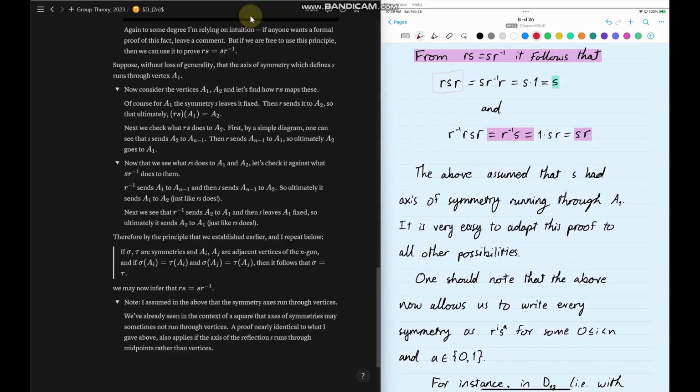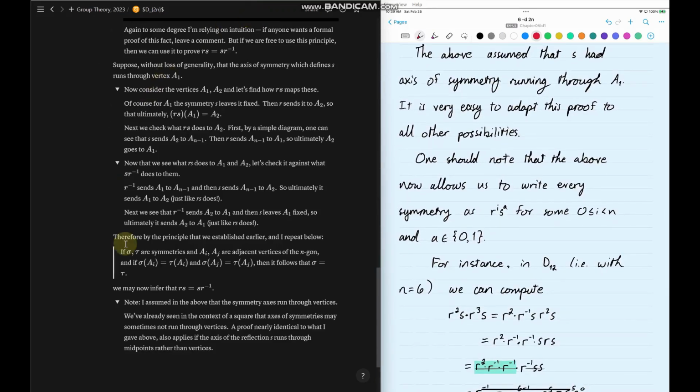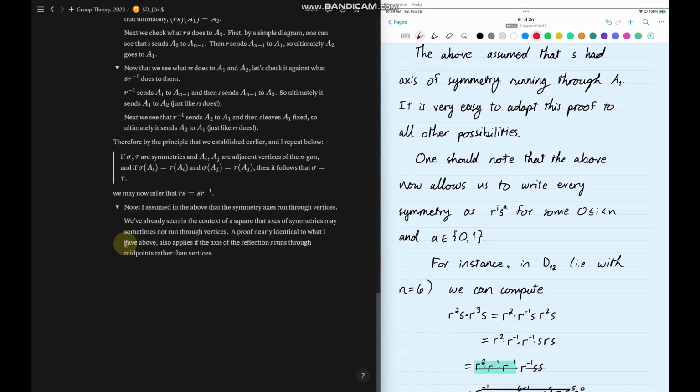You just have to take its inverse when it arrives at the other side. The above, as I've already pointed out, assumed that S had an axis of symmetry running through A1. It is very easy to adapt this proof to all the other possibilities.